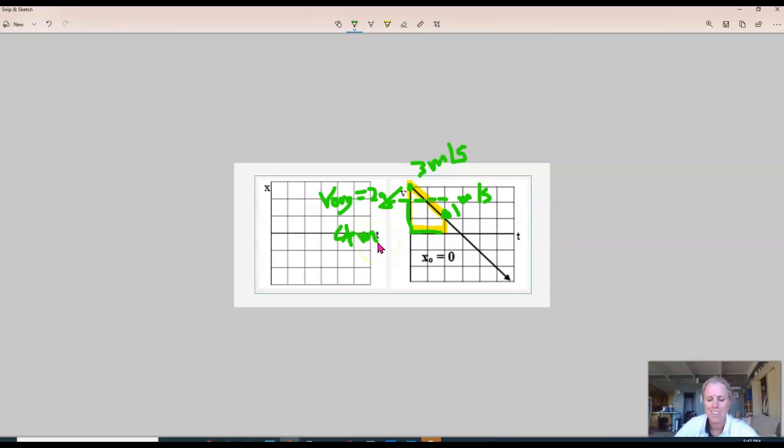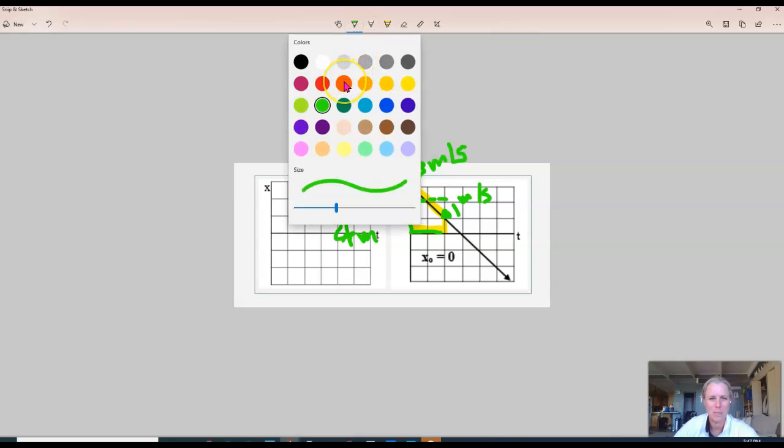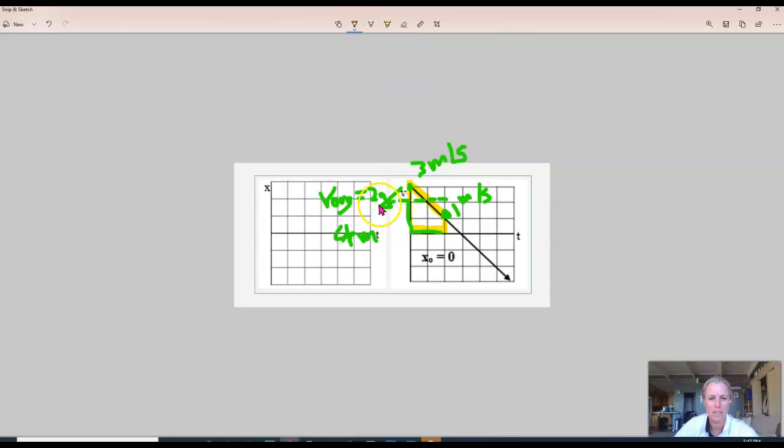Now the cool thing, I think this is cool, check out the blocks. How many blocks do I have? I've got 1 block, 2 blocks, 3 blocks, and then 2 half blocks for a total of 4 meters.